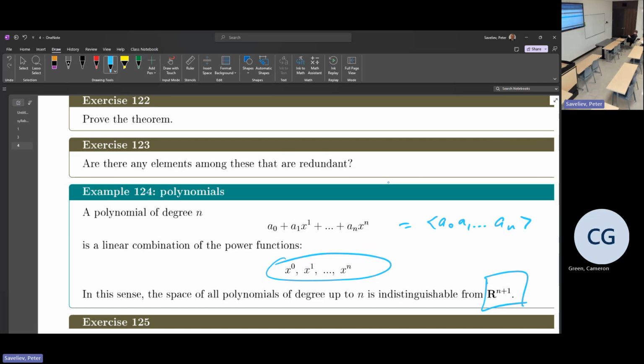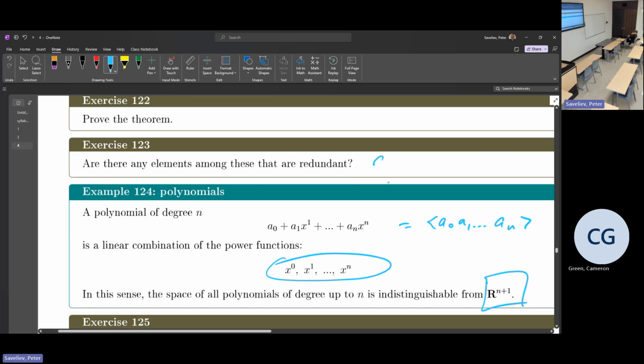Let me give you an example of differentiation. As we know, I have, say, a naught plus a1x plus a2x squared. If I differentiate, what do I get?